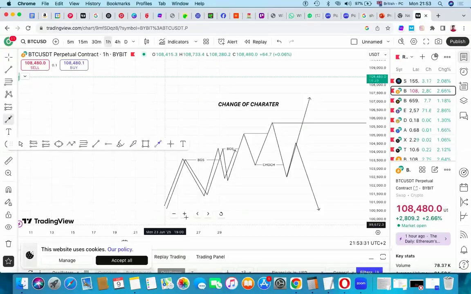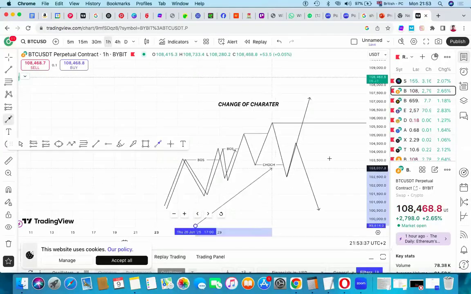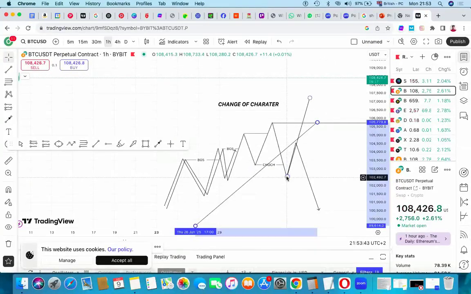If I should draw my trend line from here, we are having an uptrend right here. Even though there is this change of character, the only thing it is telling you is that there is a high possibility that the market is going to change its trend. So now you should be looking for other possibilities in the market to look for a downtrend.